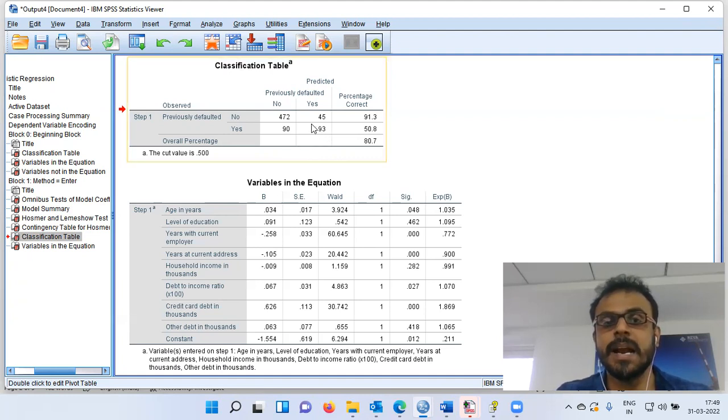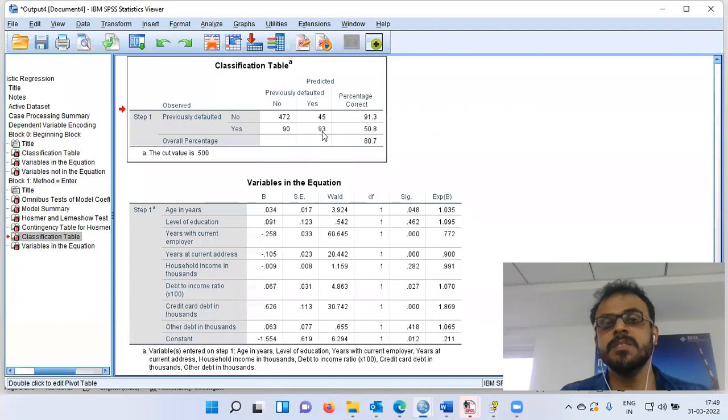Now look at this number 93. This represents correct classification. What does this mean? This simply means that out of 183 defaulters, my model has been able to classify 93 of these 183 defaulters as defaulters. So 93 is the correct classification. Diagonal elements are always the correct classification.